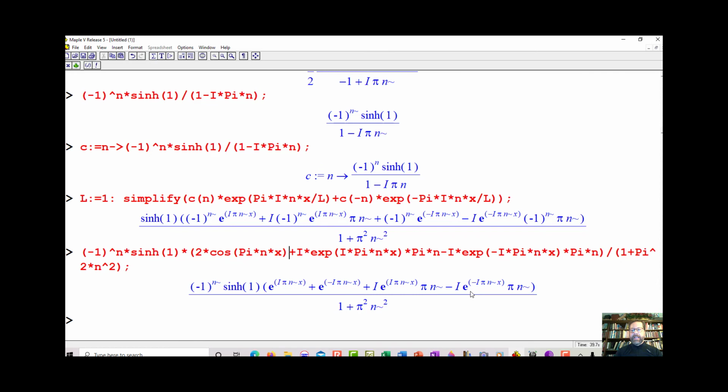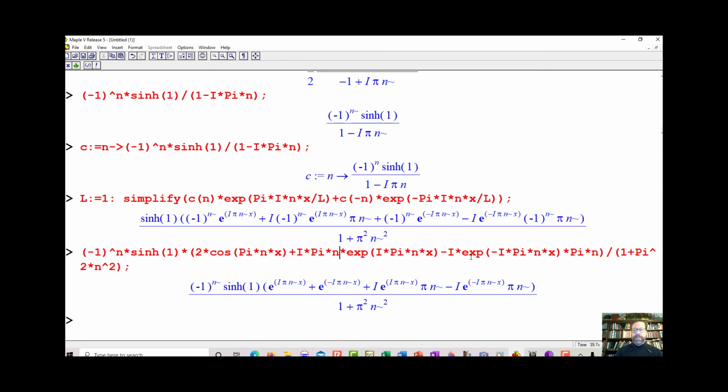Similarly, the I and the n pi can be factored out of the remaining 2 terms. We're subtracting, and so we get 2i times the sine. So let me see, we already have this pi n. I'll put that out front. Same thing over here.